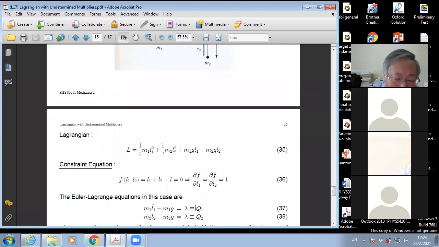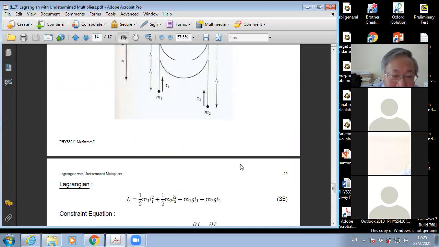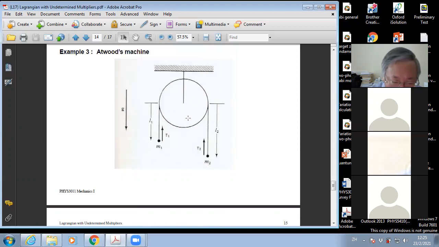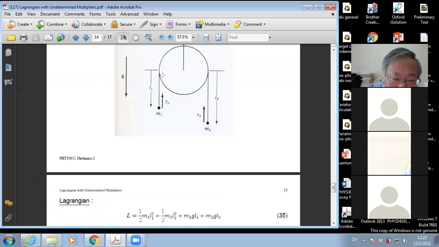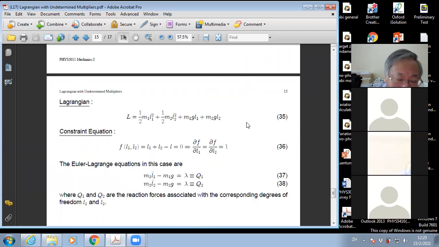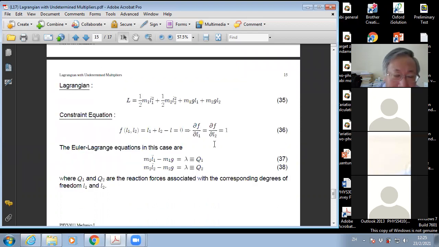The constraint equation: l1 plus l2 equals l, okay? Because l is the total length of the string, neglecting this half circular arc. Okay, so this is the constraint condition.